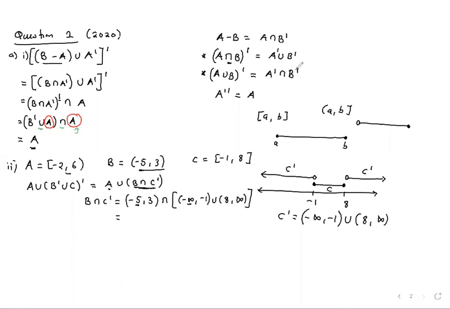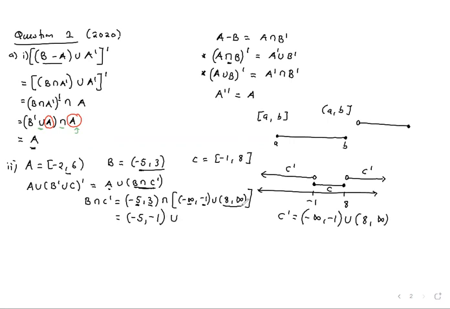So -5 to -infinity, you pick -5 because it's bigger than -infinity, comma, between 3 and -1, which one is smaller? So -1 is smaller than 3. Union, you got the next set.